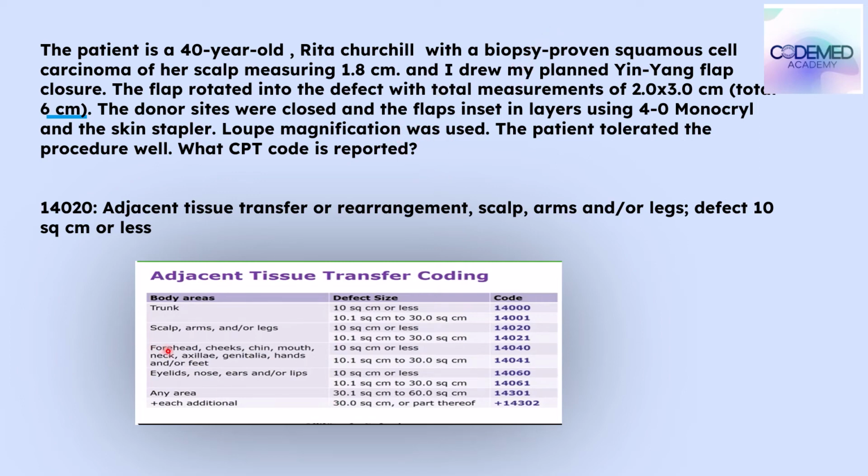So here if we take this table, they have given the body area and the defect size. Our defect size is 7.8, that is 10 square centimeter or less, and this is the scalp area, so the code will be 14020.